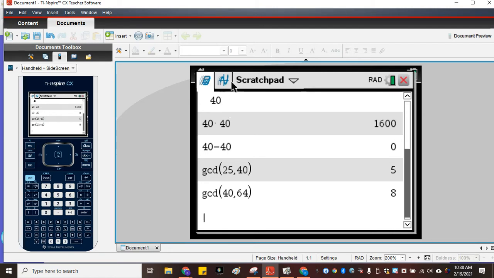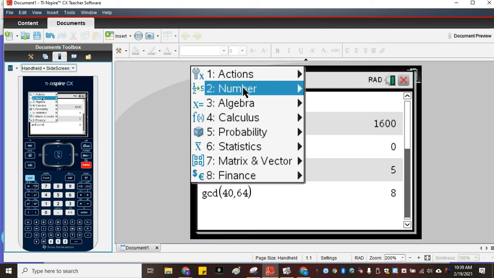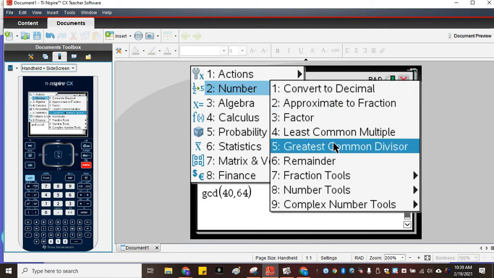And if all of this annoys you, you can get rid of it, but it's not doing anything. None of that hurts. And you're looking for GCD, greatest common divisor. You can type it in, GCD, on the bottom, or you can do menu, number, greatest common divisor, which is 5.